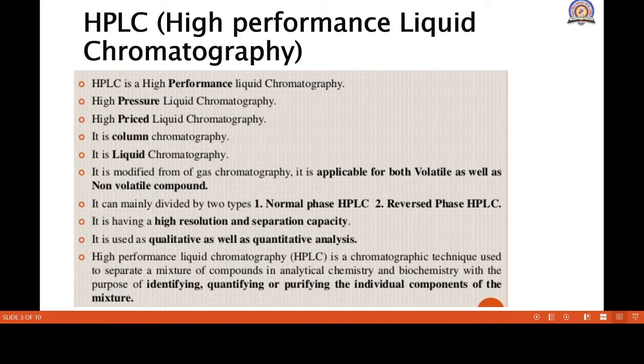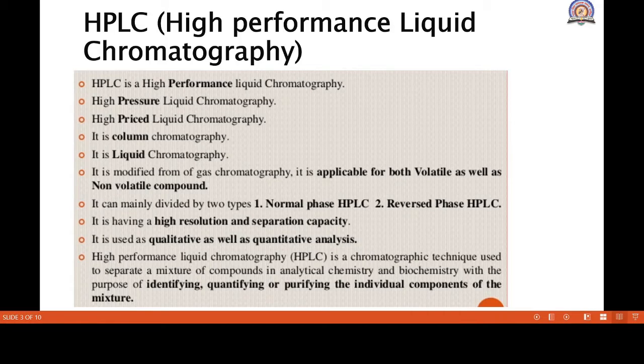It is modified from gas chromatography. It is applicable for both volatile as well as non-volatile compounds. Means in gas chromatography we only use volatile compounds. Here we use volatile as well as non-volatile compounds.